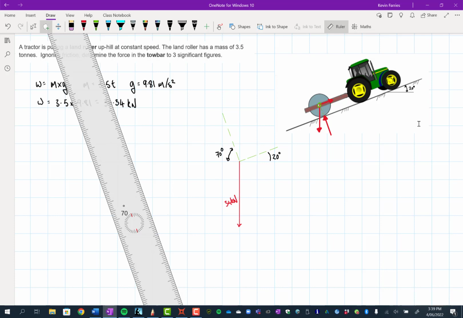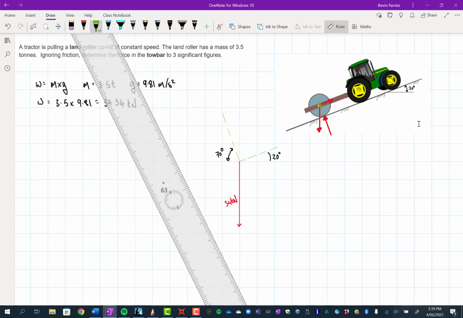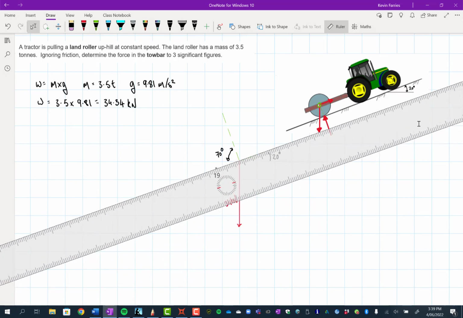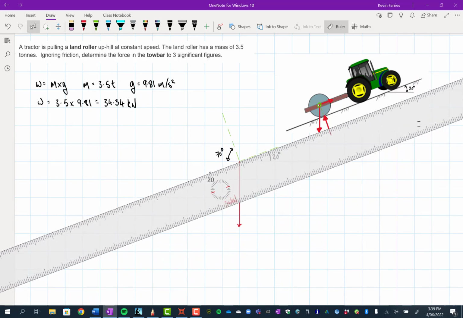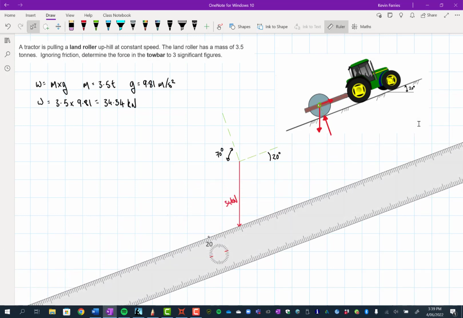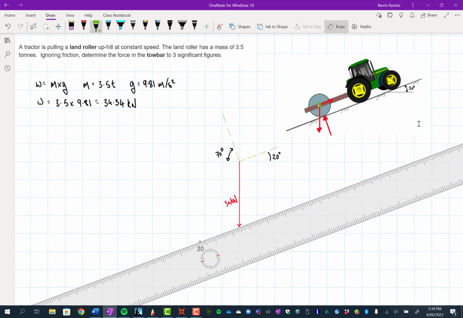So again, we're going to imagine putting these nose to tail. So we just imagine we've got a vector there. And so if we wanted to put that nose to tail, we'd take this one, 20 degrees, we'd bring it down here. And so it would head off in this direction. And at the moment we don't know when to stop.